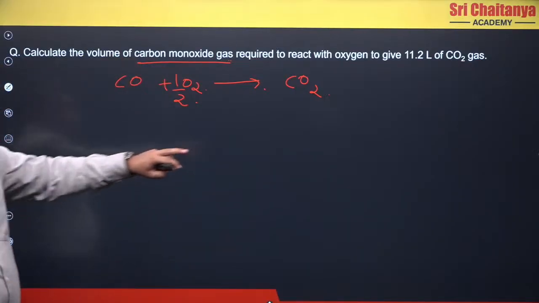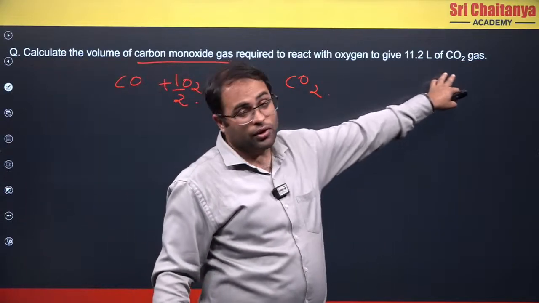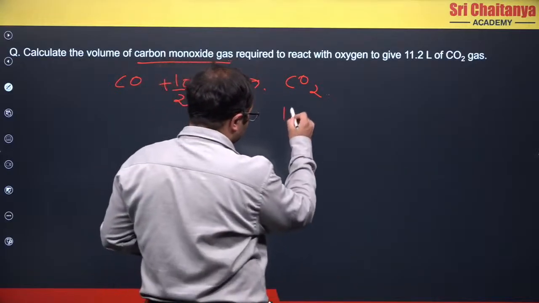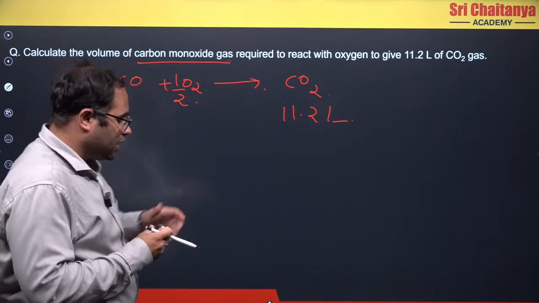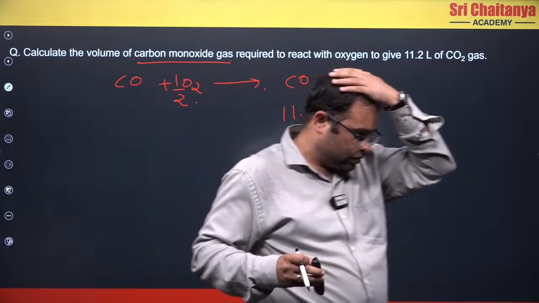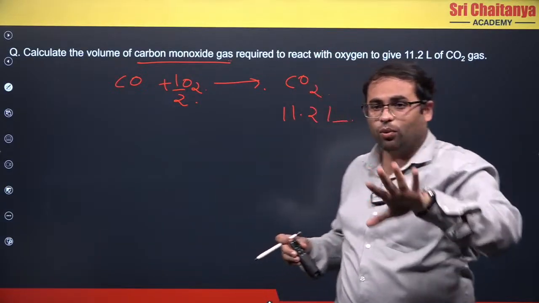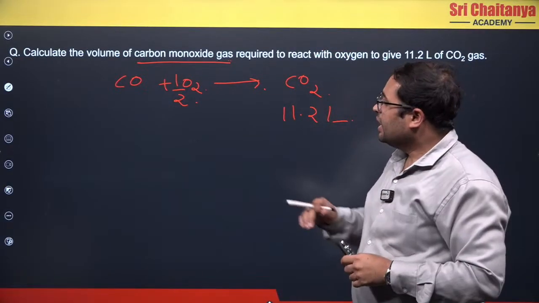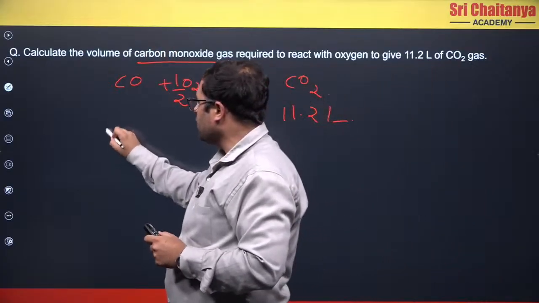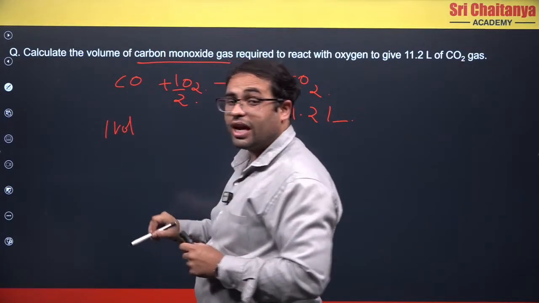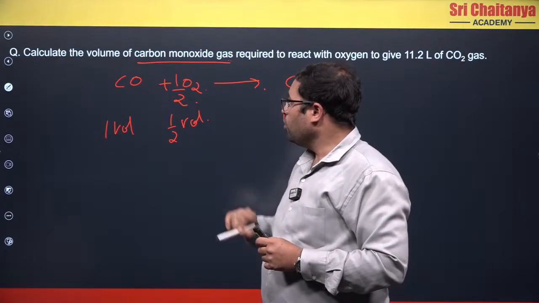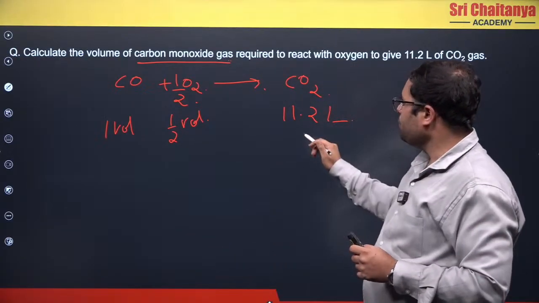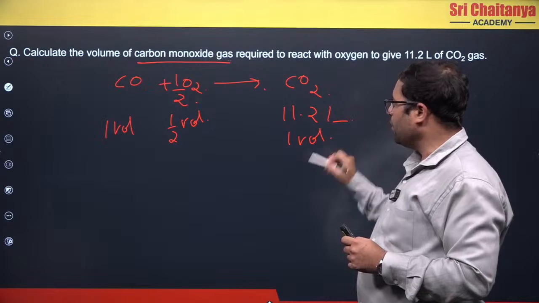Now what they have given you is 11.2 liters of carbon dioxide. Right? Now understand that through Avogadro's law, Gay-Lussac's law of combining volumes, this equation means 1 volume of carbon monoxide combining with half volume of oxygen to form 1 volume of carbon dioxide.